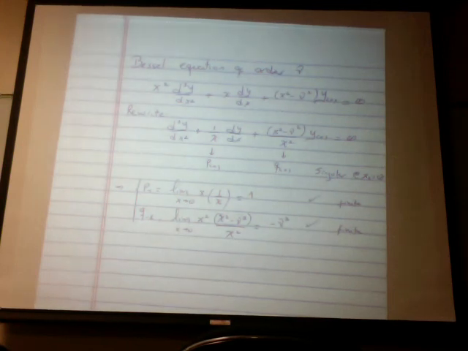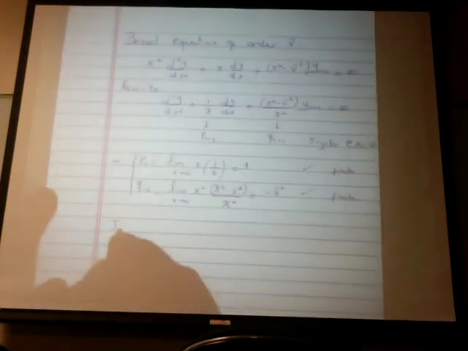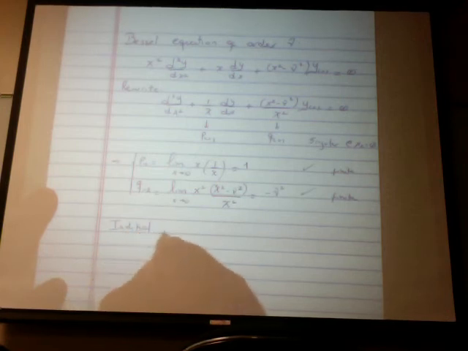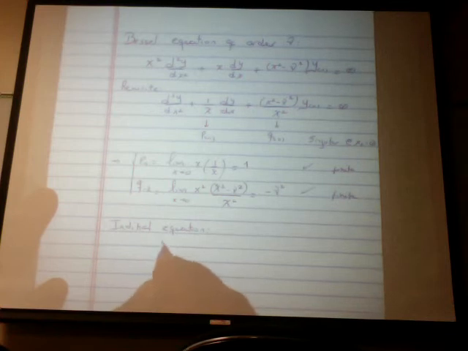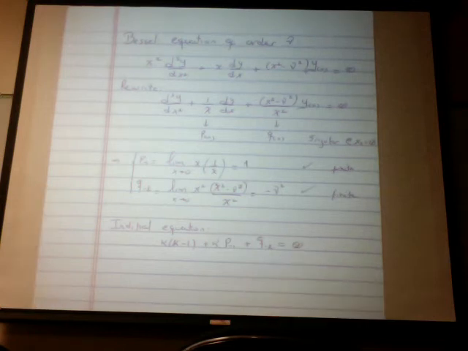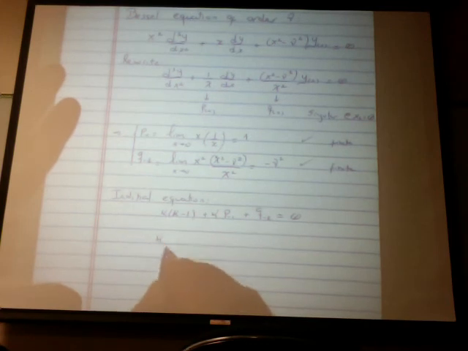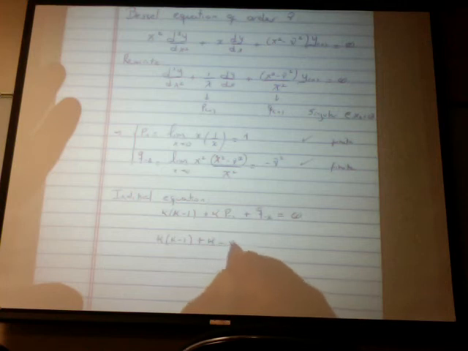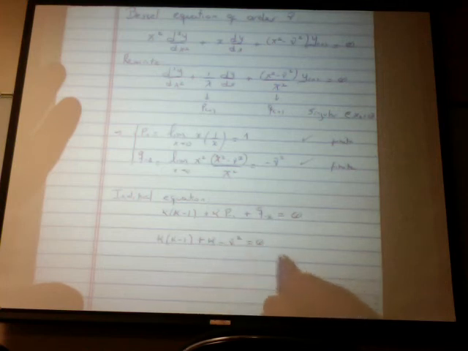So then we can go back to the initial equation. That says k times k minus 1 plus k times p0 plus q0 is equal to 0. That means that k times k minus 1 plus k minus nu squared is equal to 0.